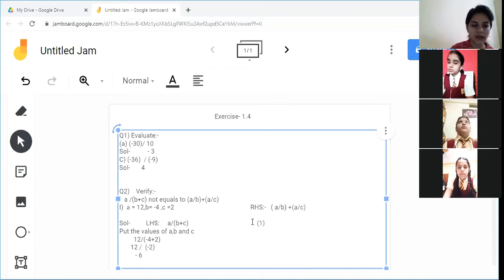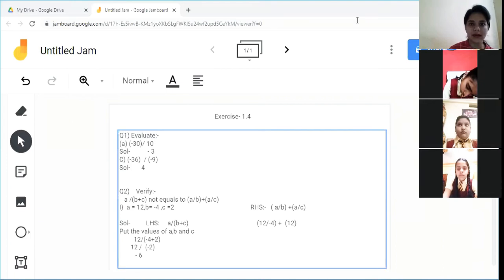A is 12. 12 divided by minus 4 plus 12 divided by 2. Okay. Now it will be equals to what?